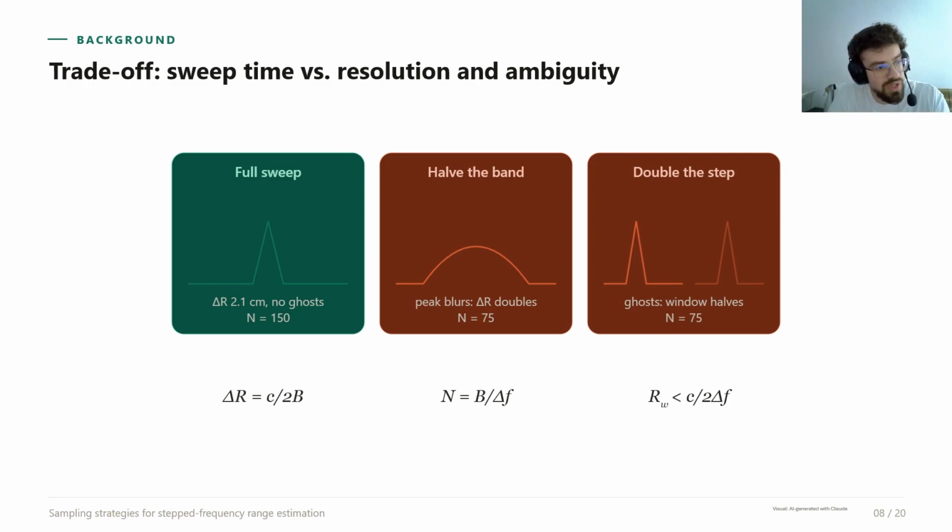Another sampling strategy is to just double the step size, but that will create range ambiguity, meaning we'll get multiple ghost peaks, which could be a possible target location. So now we cannot say with certainty where the target is, and it's also not ideal.